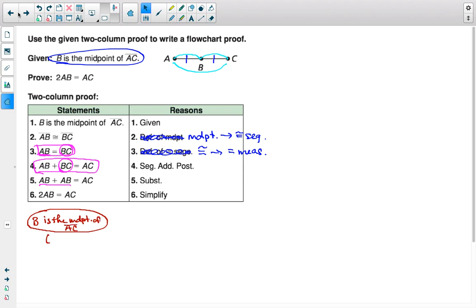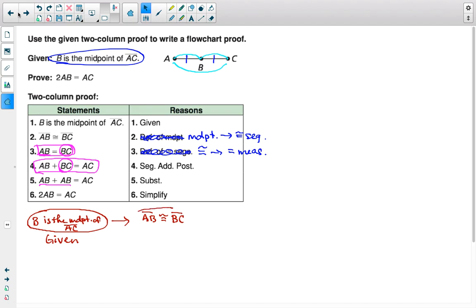How do I know? Given. So I just write the statement, and then I put the reason right underneath it. And then I can say, if that's true, then, the arrow means the if-then part, segment AB is congruent to segment BC.